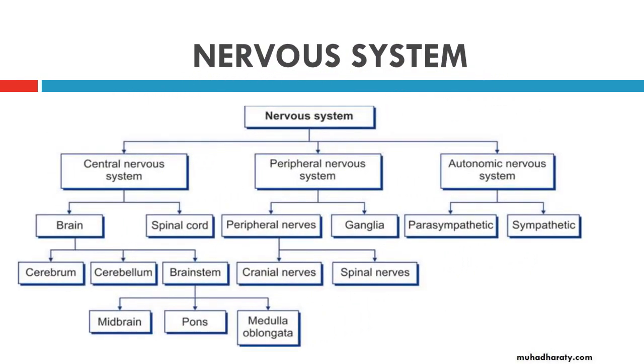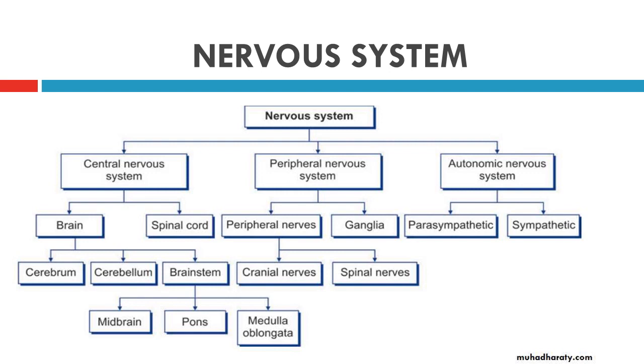First of all, let's see how the nervous system is classified for learning purposes. Of course we know the nervous system is the major controlling region of the whole body, right? Let us see what organs are involved under this nervous system.